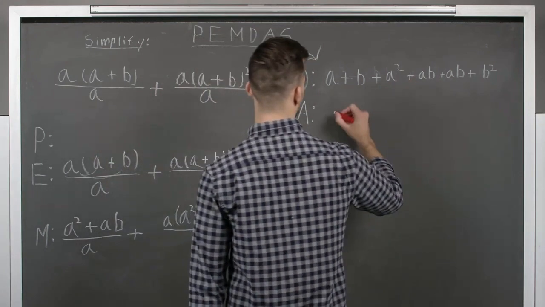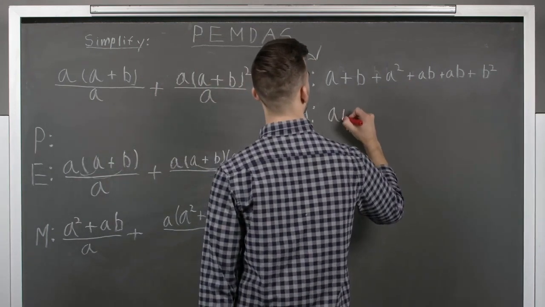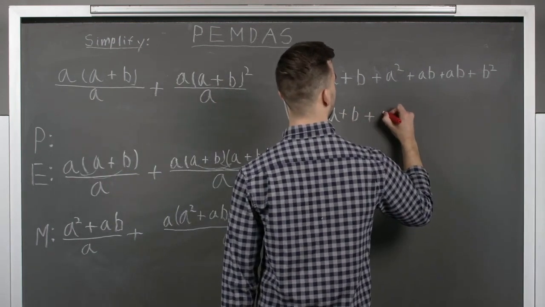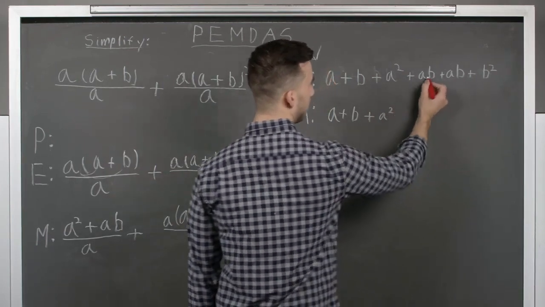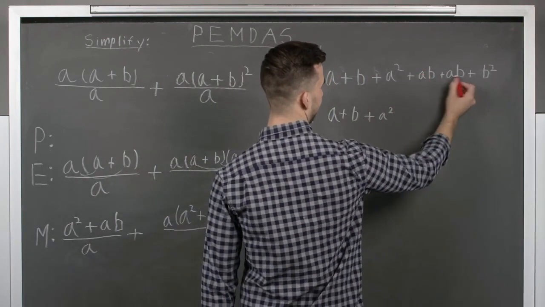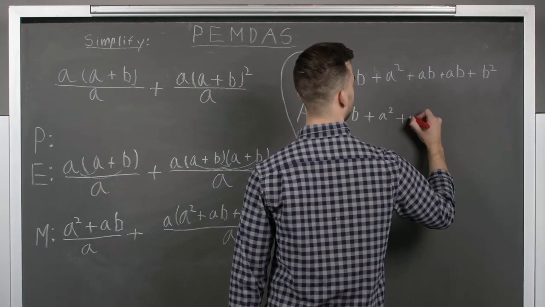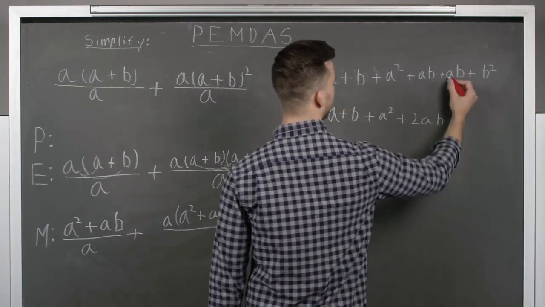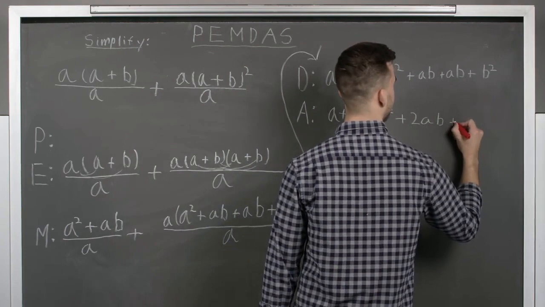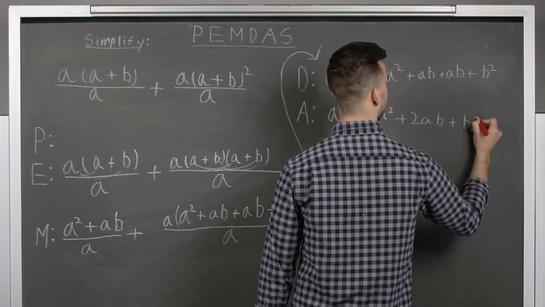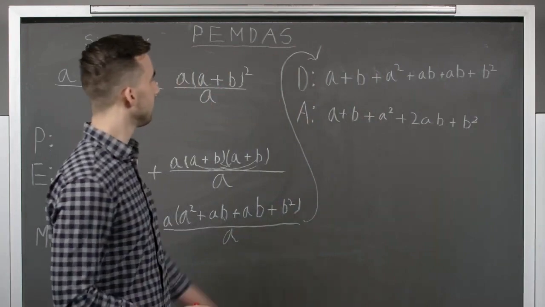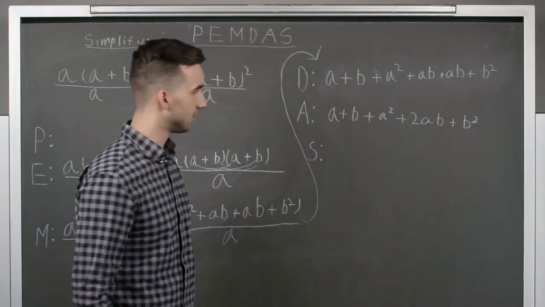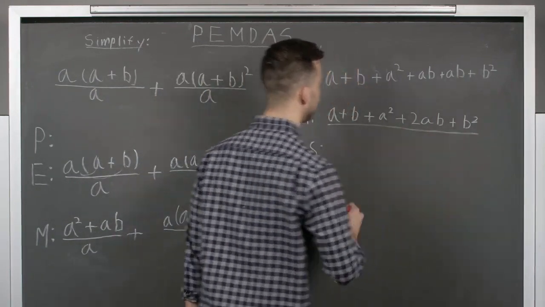So let's write it as A plus B plus A squared plus 2AB, right? Because there's two of them. Plus B squared. So, can we do any subtraction? Nope. So that means this is our solution.